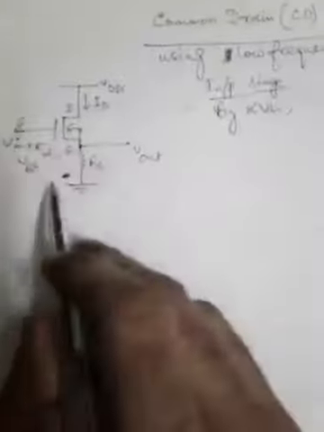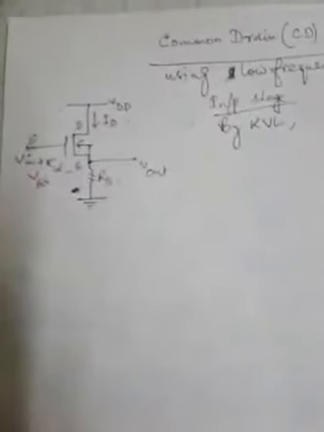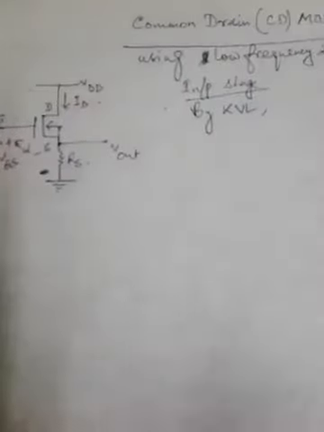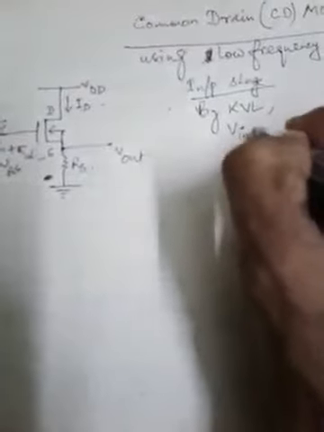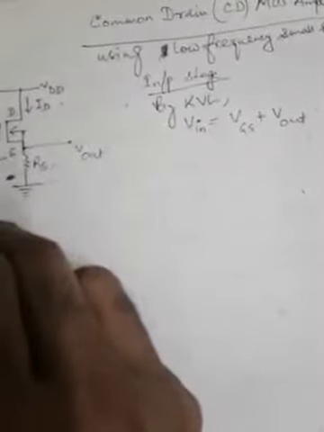So we can write from here, by KVL at the input stage, or the input loop, that V in is equal to VGS plus V out, because this V in is the applied source.